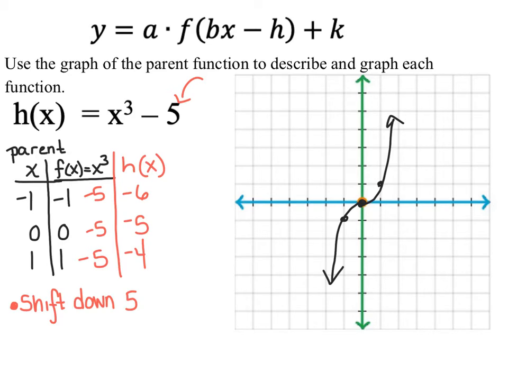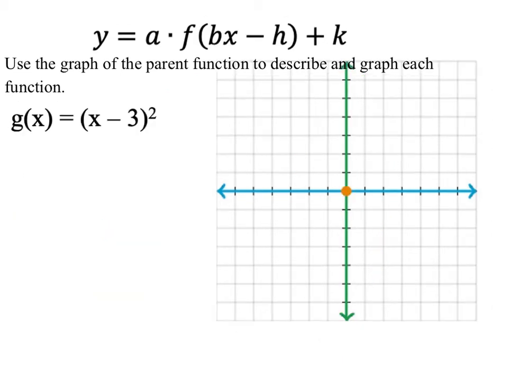Therefore, my previous x values and these y values are going to be my transformed function. So -1, -6, 0, -5, and 1, -4. It's going to be like this. So all it's done is shift, or translate, my function down 5 units.